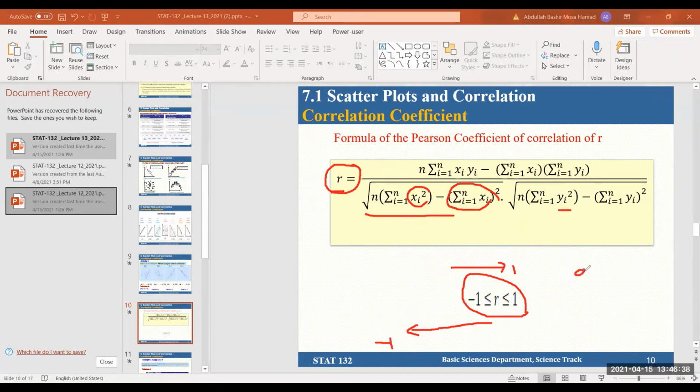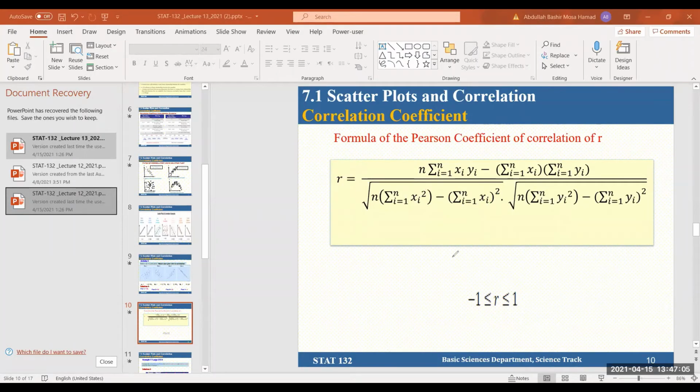For example, if we got R equal 0.96, it is close to 1, so it is a strong positive relation. If we got R equal minus 0.90, it is a strong negative relation.